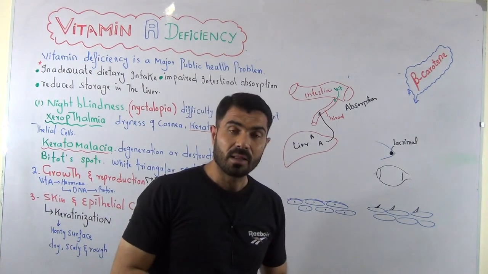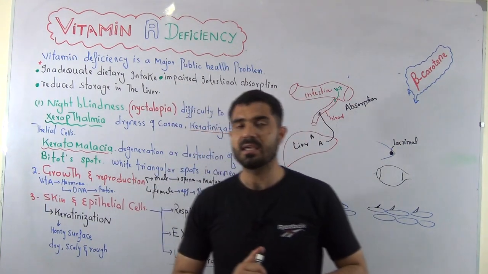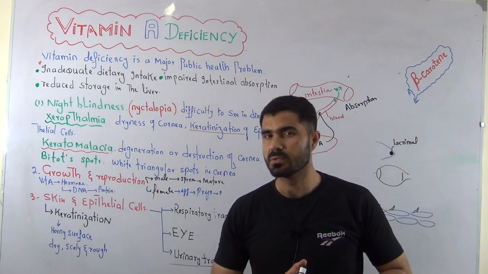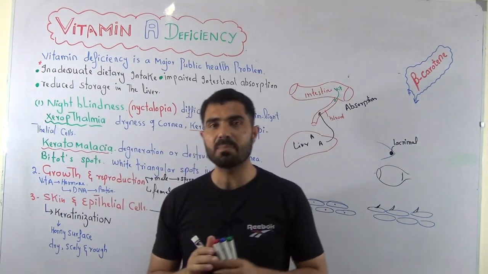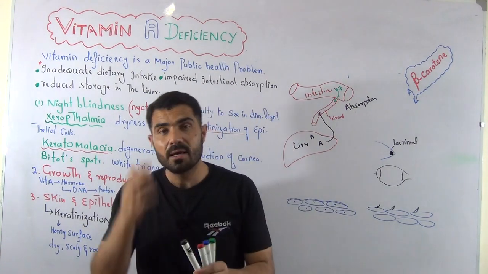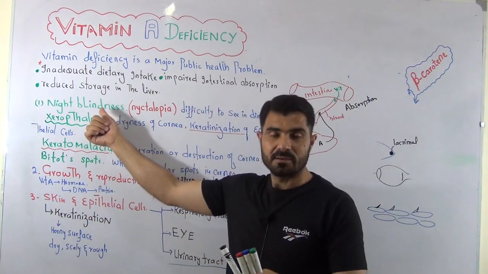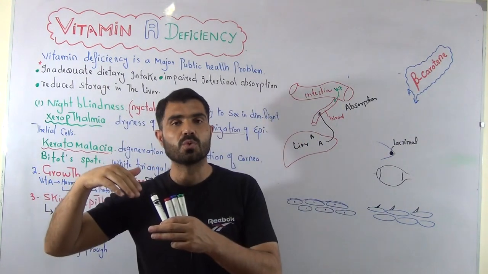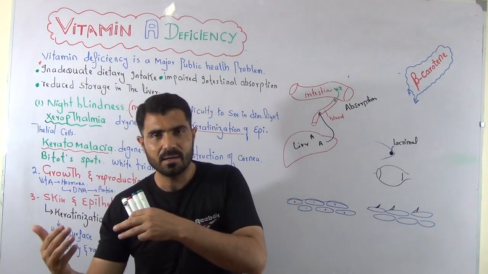Right. Now, what will happen if vitamin A deficiency comes? The very first thing is night blindness. Night blindness will not be discussed in detail today. Why? Because it is already discussed in my topic, the visual cycle, the vitamin A cycle.